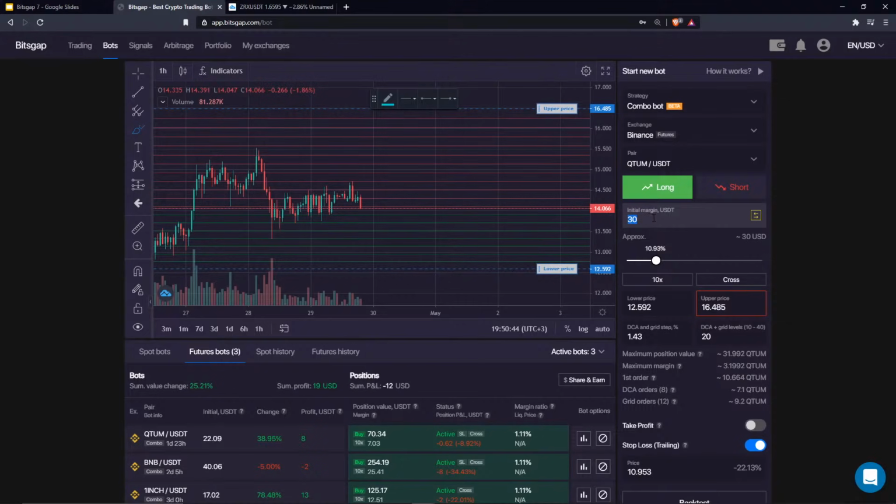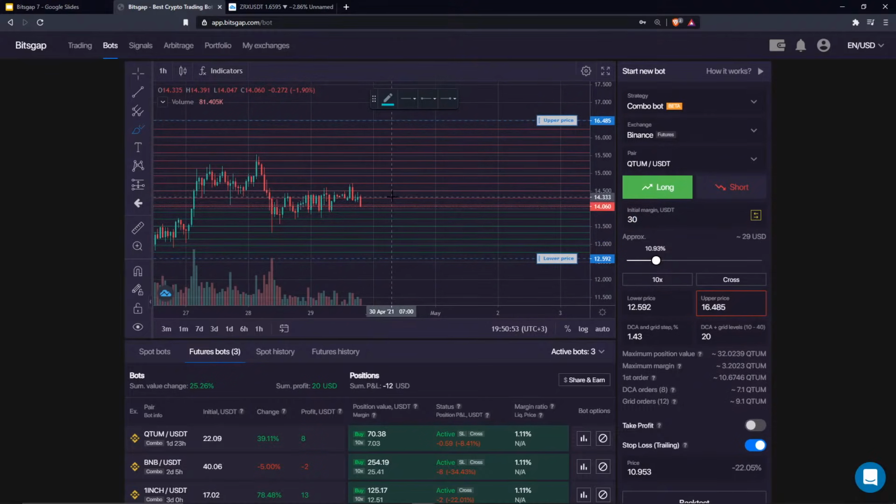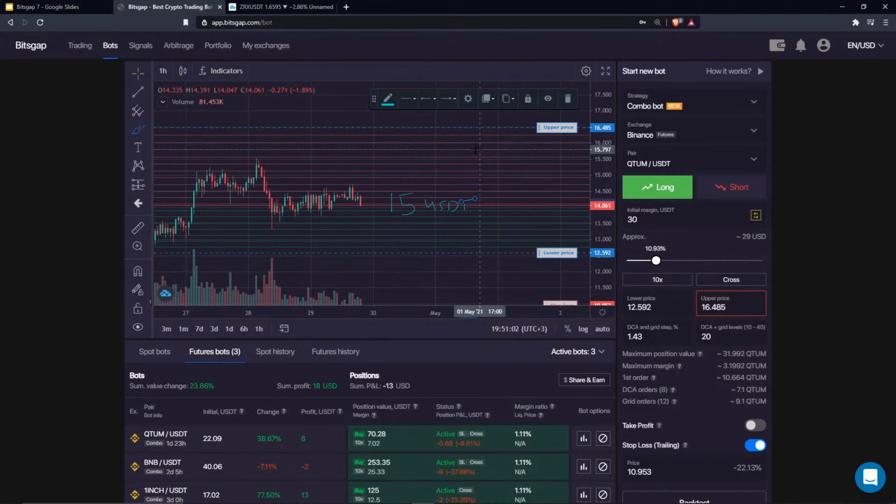So as a rule that we implemented in Combobot, as you start the bot, as you launch it, instantly it enters the market with 50% of the USDT. So that's 50% of your initial margin. Another 15 USDT margin is used to plot all of these short sell orders, because in the futures market we have short sell orders.